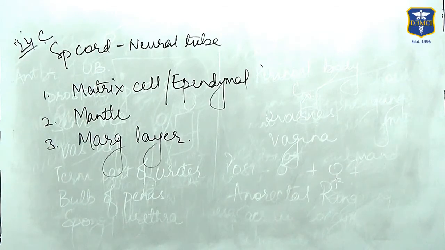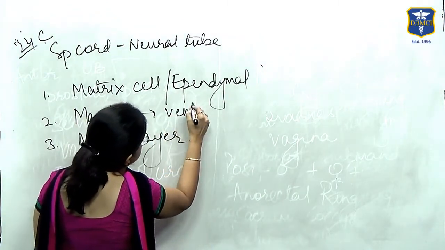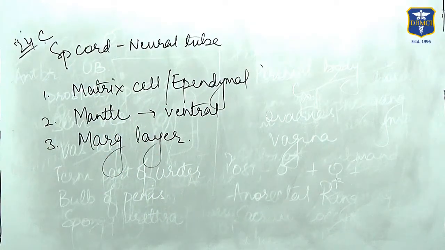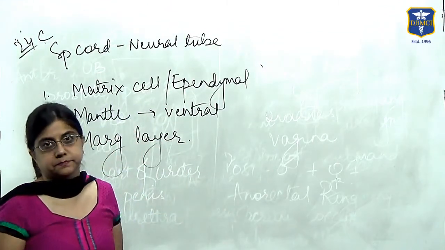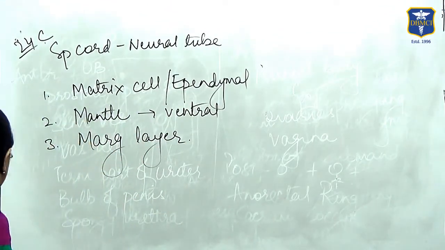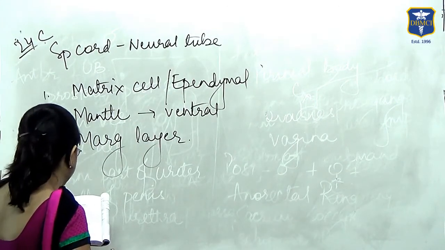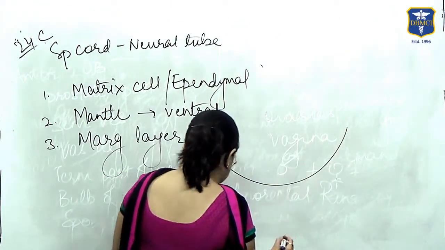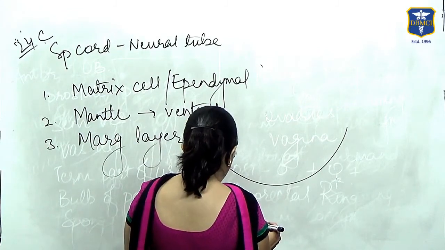The mantle zone grows faster in the ventral part and becomes thicker, thereby compressing the lumen of the ventral part. The line separating the compressed ventral part and the dorsal part is called the sulcus limitans.